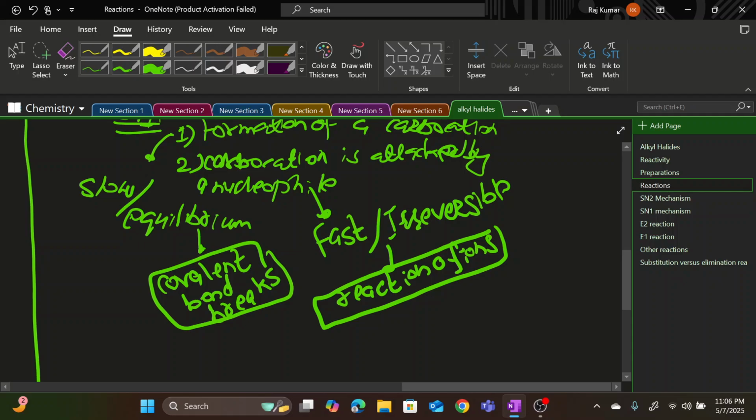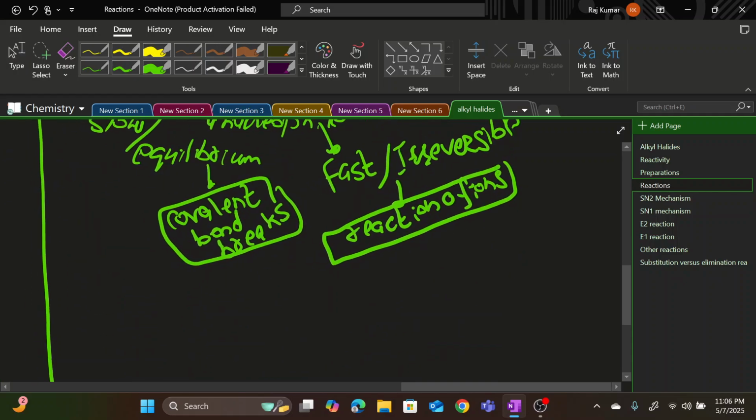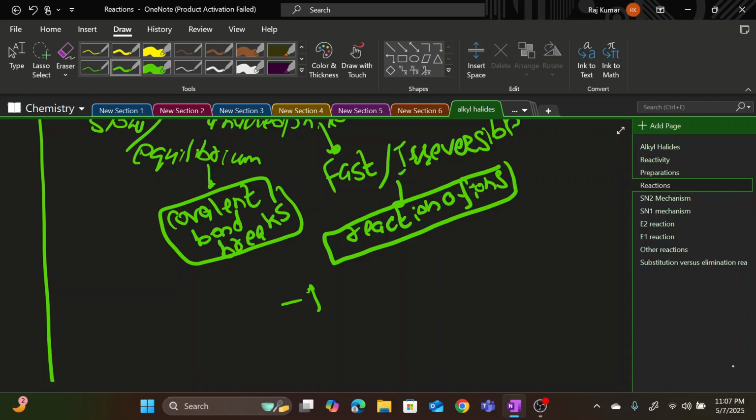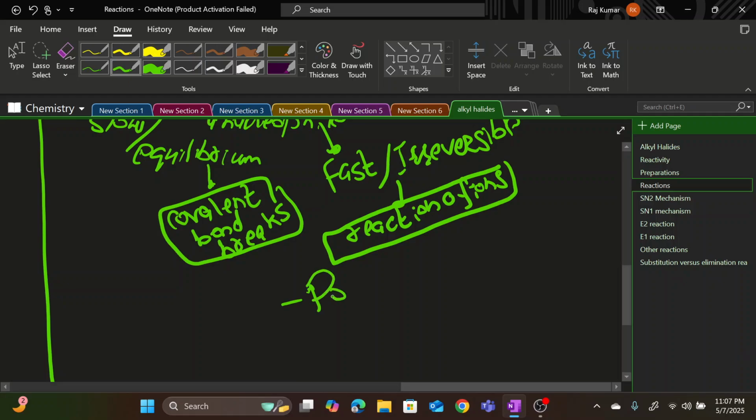And there is another important thing that I would like to mention over here, which is that the SN1 mechanism is preferred in a polar solvent.